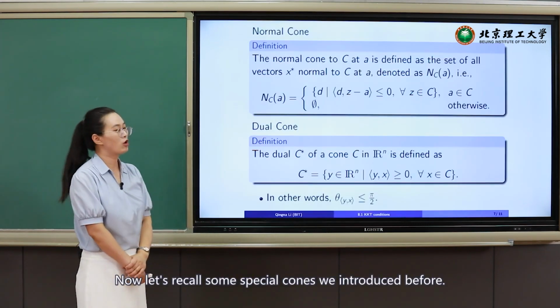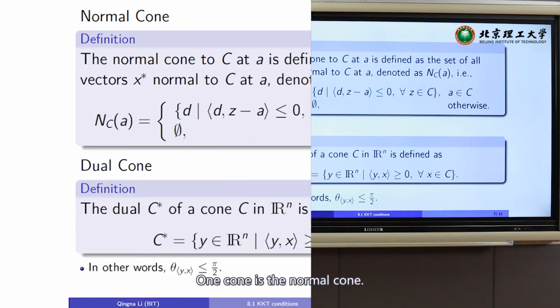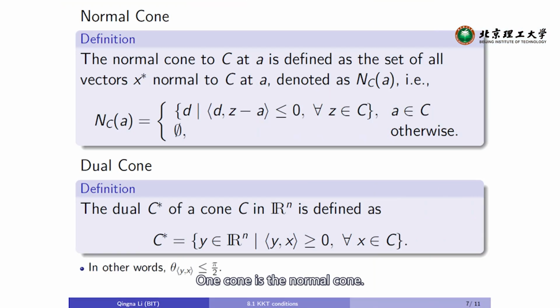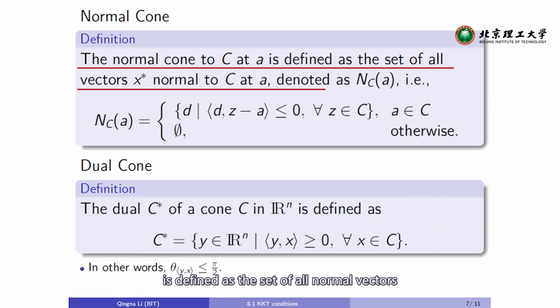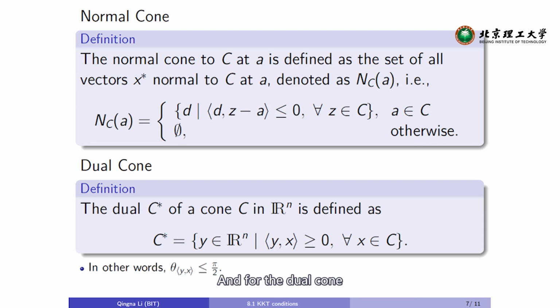Now, let's recall some special cones we introduced before. One is the normal cone. A normal cone to a set C is defined as the set of all normal vectors d which satisfy the following conditions here. For the dual cone, as we may recall, it has a close relationship with the polar cone.